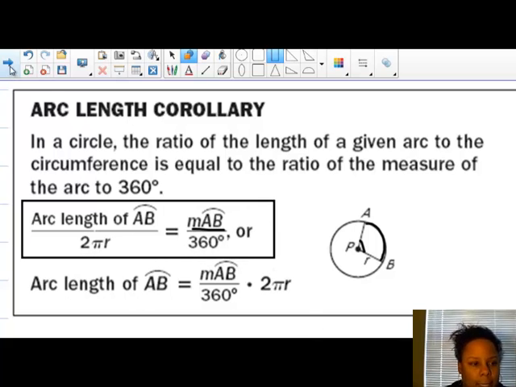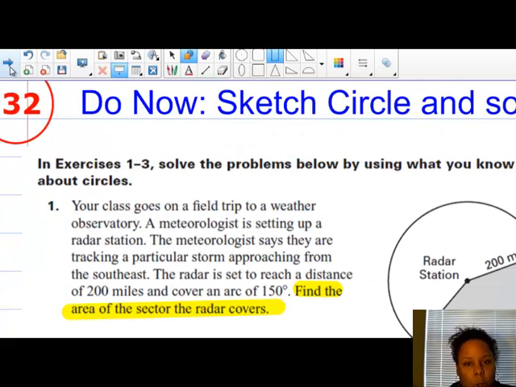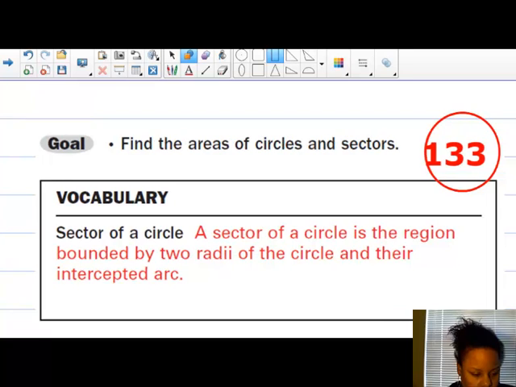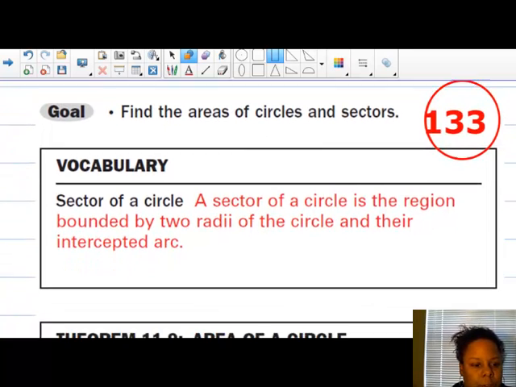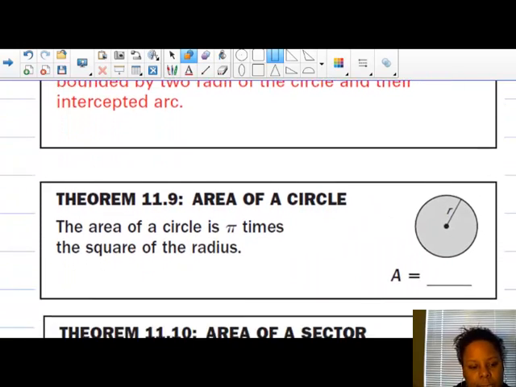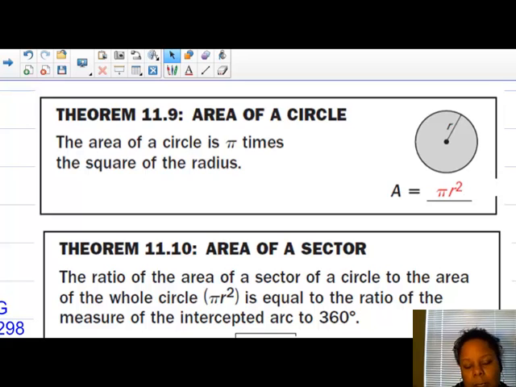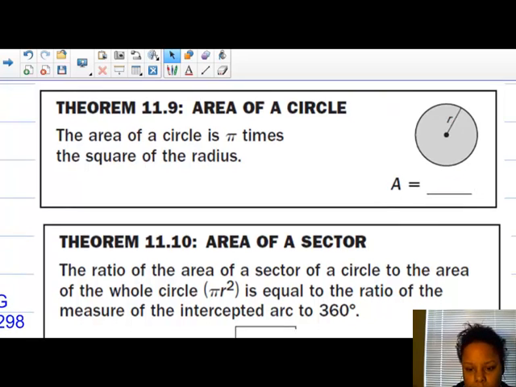Now let's take a look at the next page, page 133, because the previous page was dealing with length. Now let's talk about what's dealing with area. Over here, we have the sector of a circle defined as a region bounded by the radii and the intercepted arc. We know the area of a circle is found by the formula pi times the radius squared.